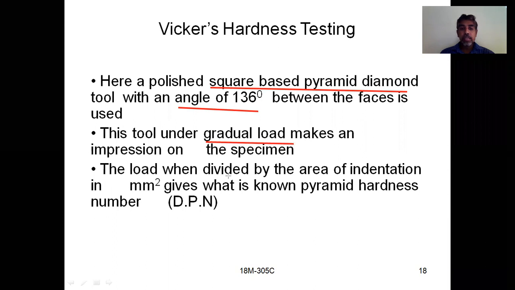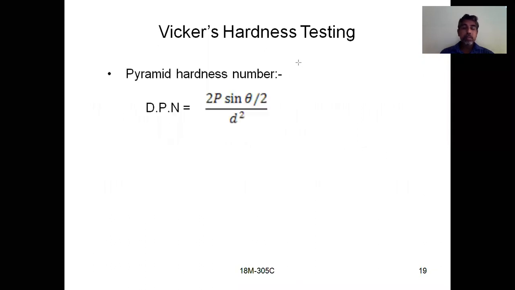The load is divided by the area of indentation, and then you get the DPN, the diamond pyramid hardness number.